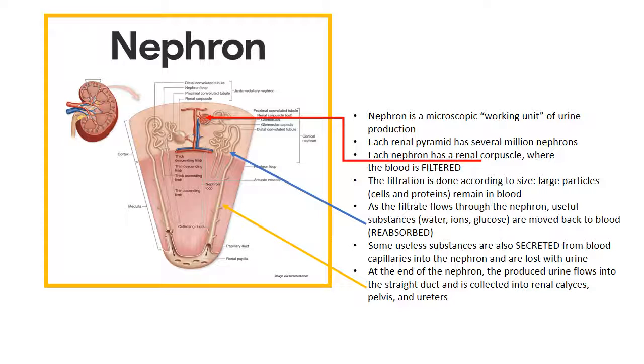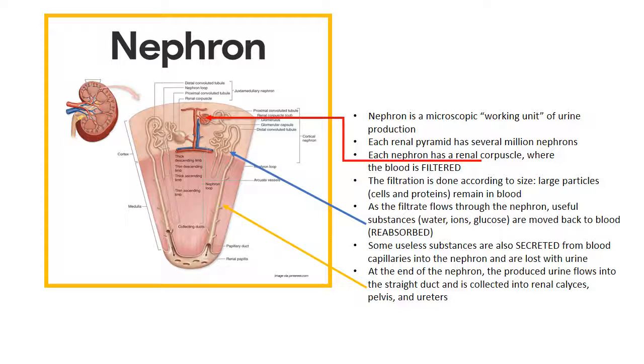Then the straight duct, the one shown with the yellow arrow, merges with what is called here the renal papilla. It's actually the beginning of the collecting system of the urine.